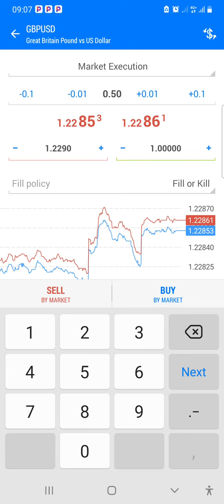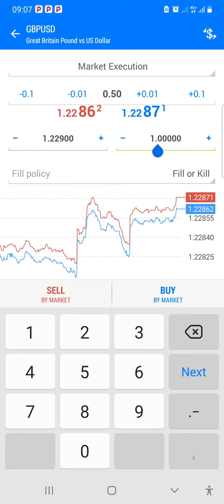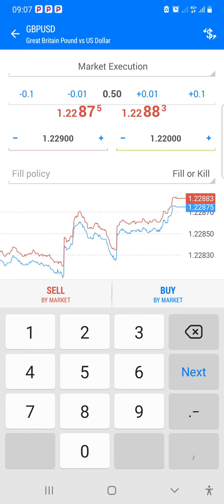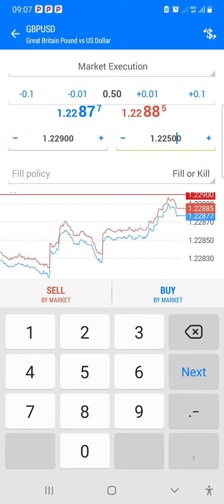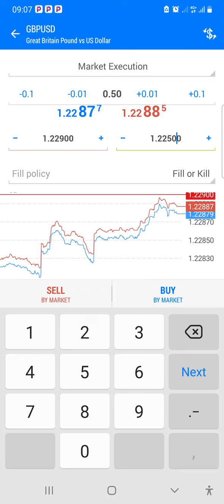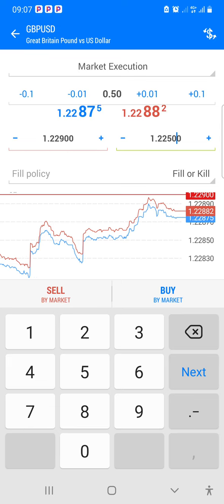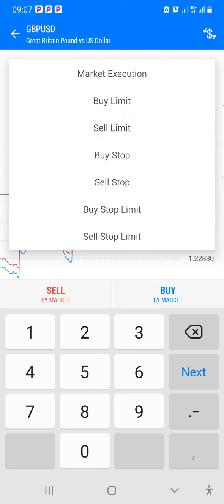My take profit will be below, probably 1.2250, because 1.2288 minus 1.2250 is 38 pips, and we want price to come down. So you just click on sell instead of buy.